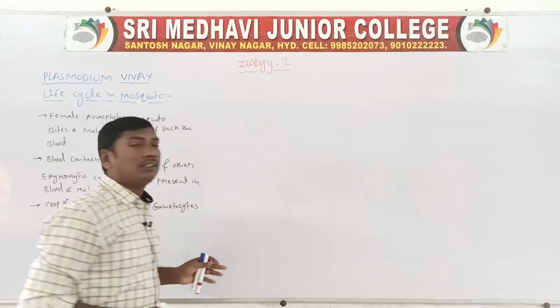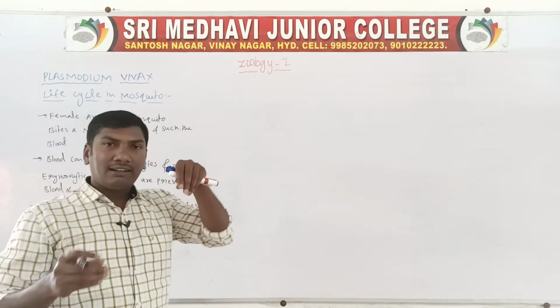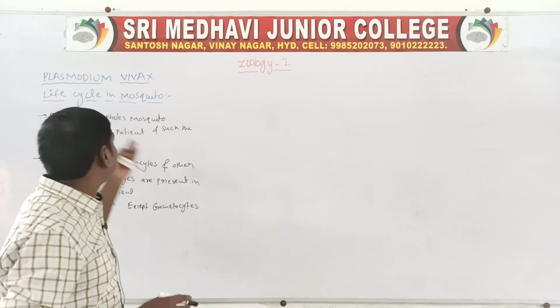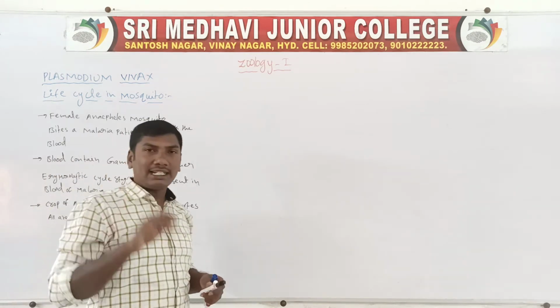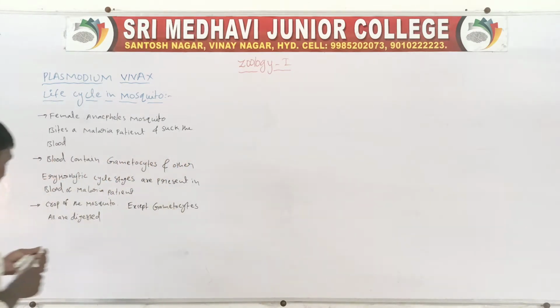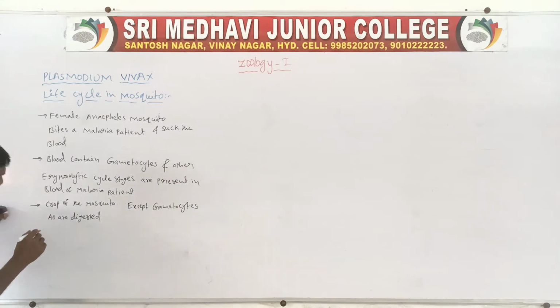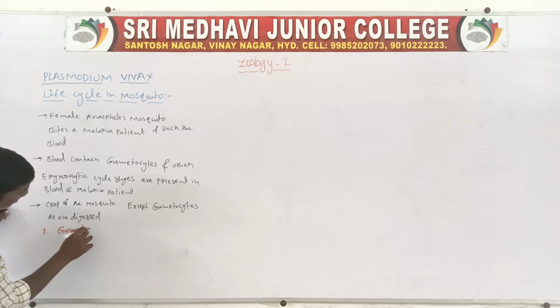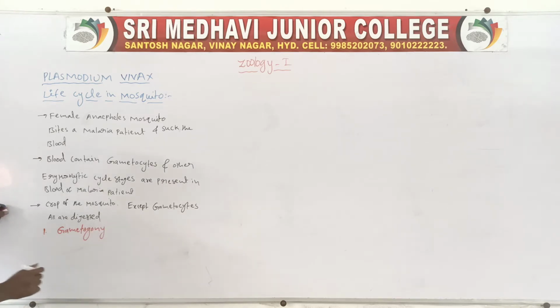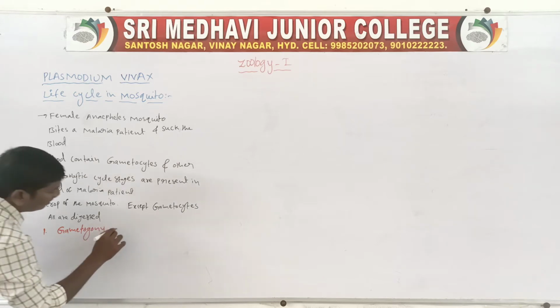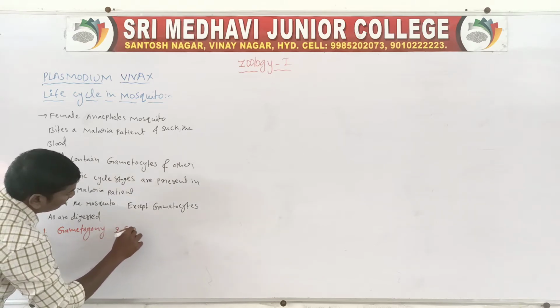Next, the Plasmodium vivax life cycle in the female Anopheles mosquito contains 4 steps. First one, gametogamy. Second one, fertilization.